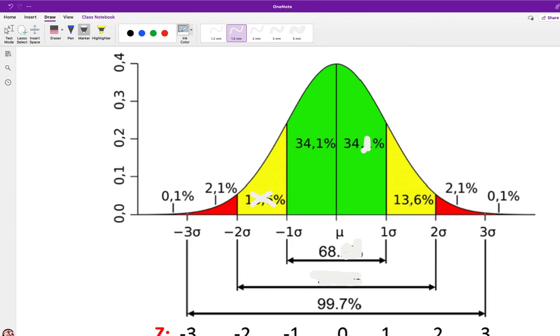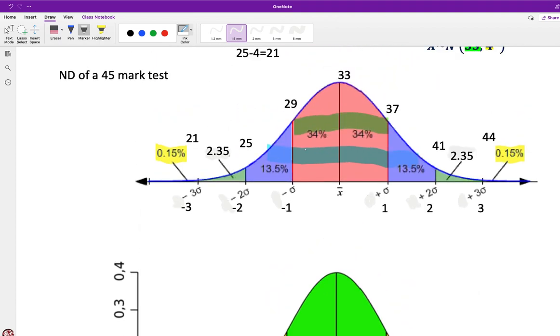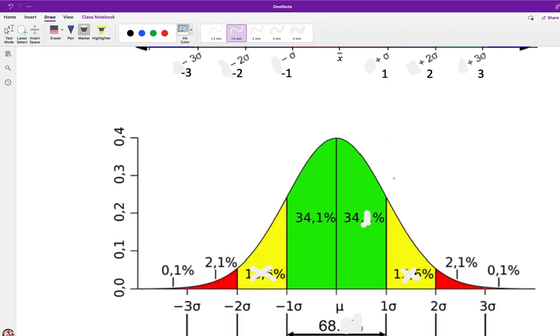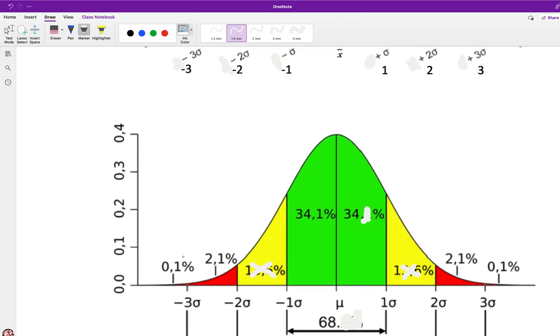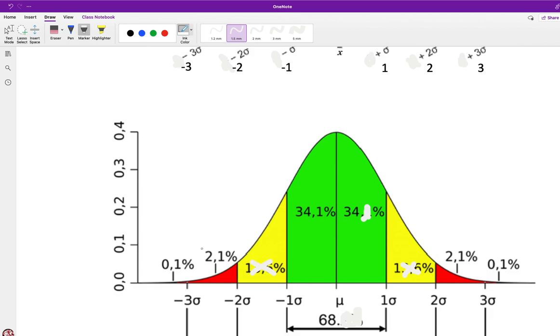Ignore them. I want to keep it simple, so I'm going to use these numbers: 34, 13.5, 2.35, and 0.15. They're really simple numbers. They're pretty much the same, just with different rounding, so don't worry about these right now.